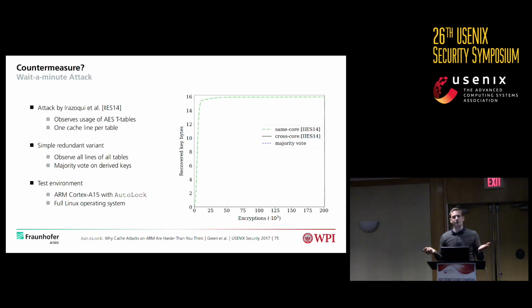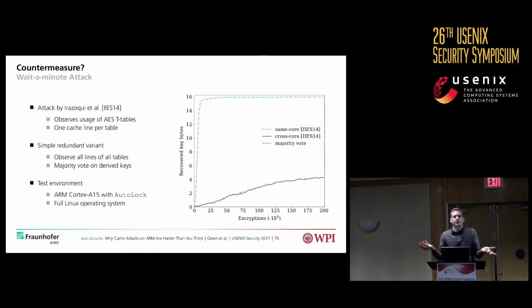The situation changes if we move from a same-core to a cross-core attack scenario. In this case, we directly see the impact of AutoLock. Even though we invest a large number of encryptions, we are not able to get the entire key. And the fact that we even see something is exactly this effect of remote eviction.